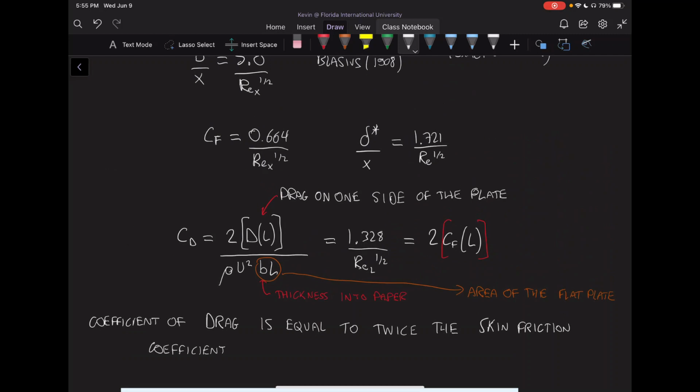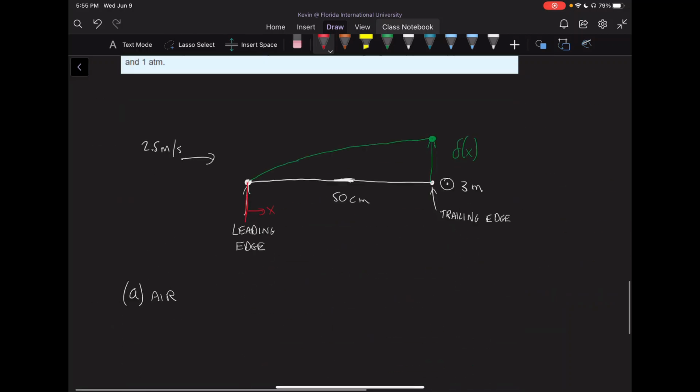If we can find CD, then we can find the drag. We have three different ways of finding CD. We can either find CD with this, or we can find it with this, and then we can finally find the drag from the equation on the left.